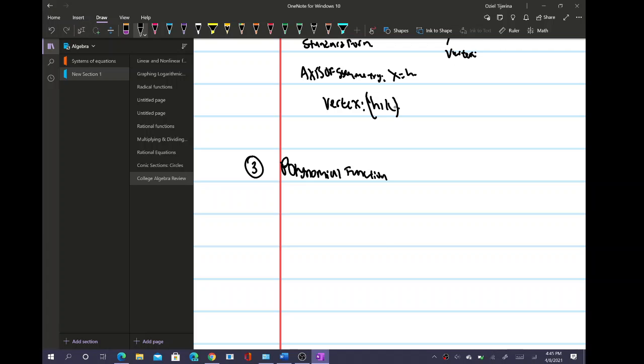So a polynomial function is f of x equals a sub n x to the n plus a sub n minus 1 x to the n minus 1 plus ... plus a sub 1 x plus a naught, or a sub 0. So that's the form of a polynomial function.